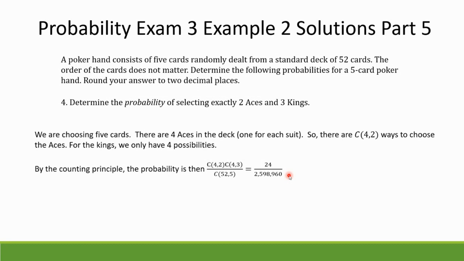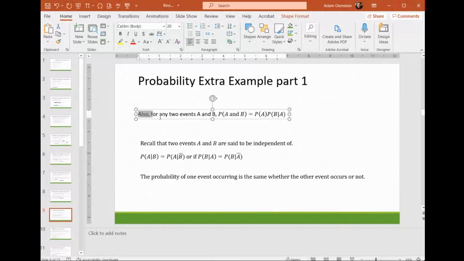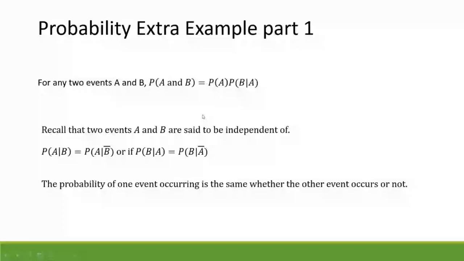All right. Here's another one I want to do. This was a little bit of extra probability, so to say. If you have 2 events, A and B, the probability of A and B occurring, so you want to know how likely it is both events will occur, is the probability of A times the probability of B given that A has occurred.